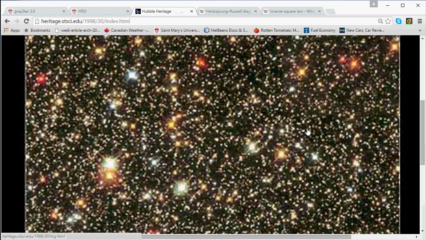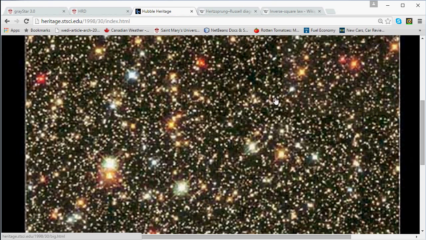When we look at an image like this, we might notice that we are seeing stars of all the various different colors, red, yellow, and blue. And of course that means that we are seeing stars with a full range of different effective temperatures. That's the quantity that we're going to be plotting up on the horizontal axis of the HR diagram.